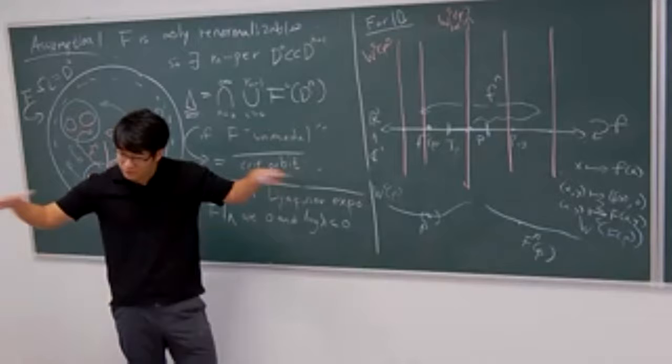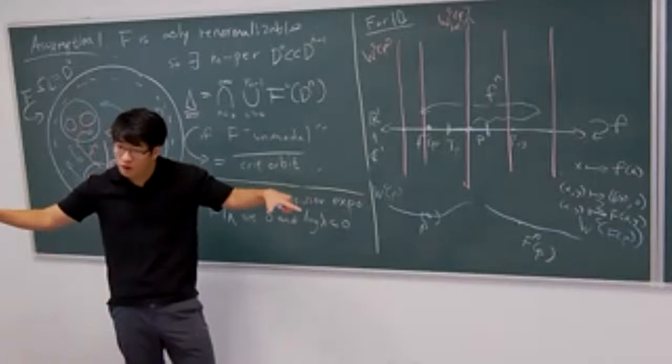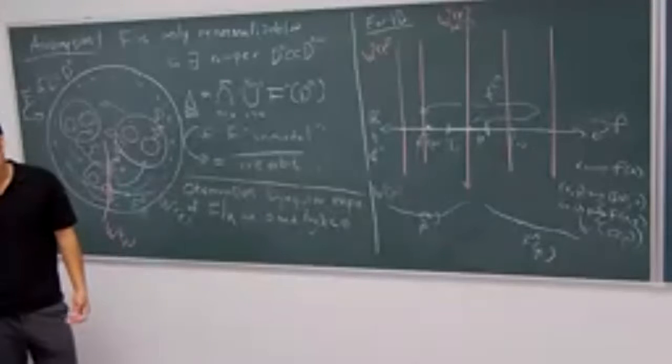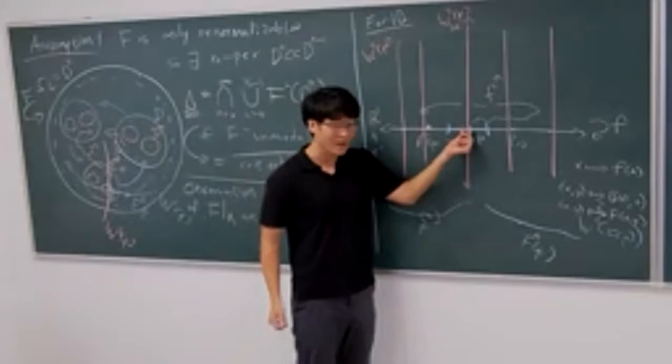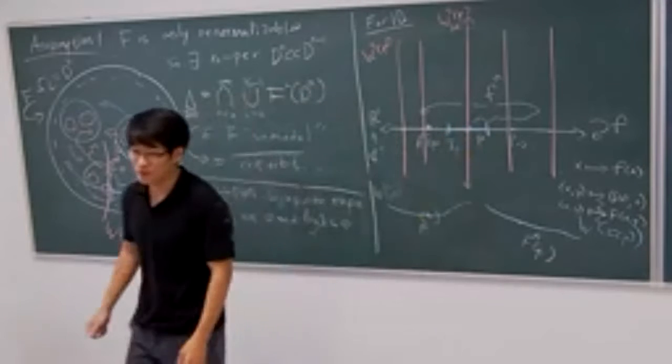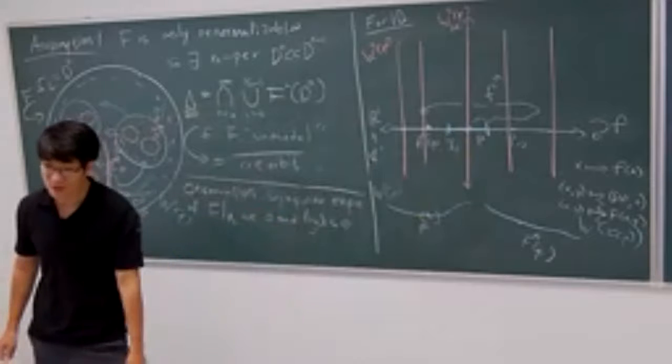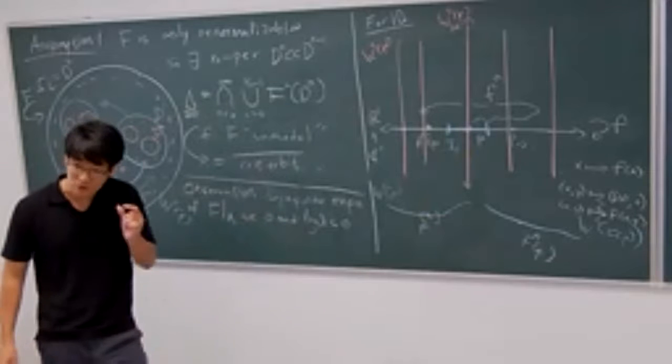But there is a critical point. Yes, the Cantor set depends on the critical point. There will be some neighborhood which avoids the critical points, but the size of the neighborhood will depend on how many iterates. Well, actually, as long as P is not an exact preimage of a critical point, you can always find some non-zero neighborhood, no matter how big n is. It's not for n infinity, but for any finite n, you can always avoid the critical point. Right?